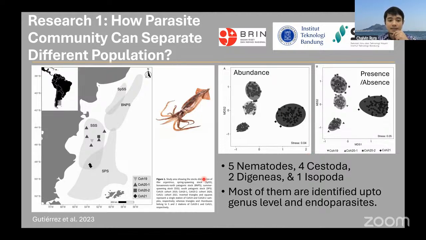So for example, Gutierrez in 2023 published a paper where they used squid. They identified parasites in squid. This is off the coast of Argentina in South America. Here they identified there are four cohorts. So they already identified that there are four areas, a spawning area, and also a stock.